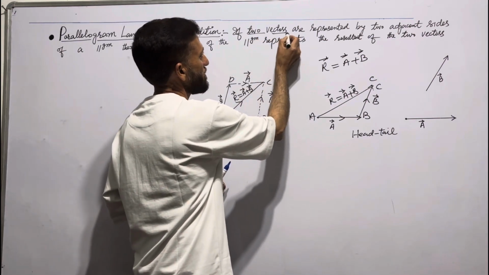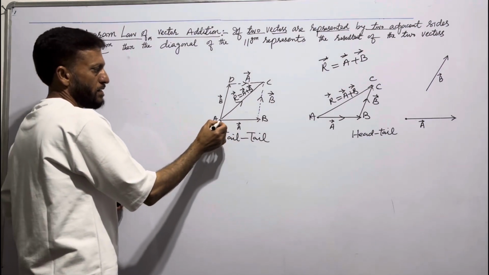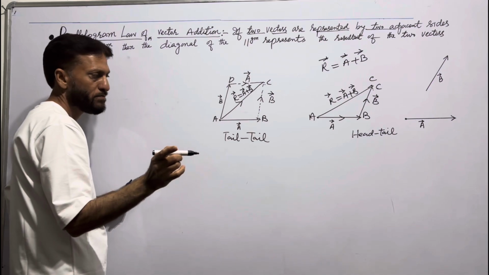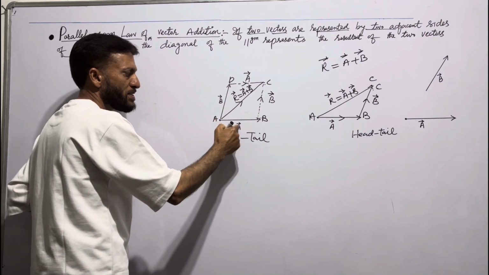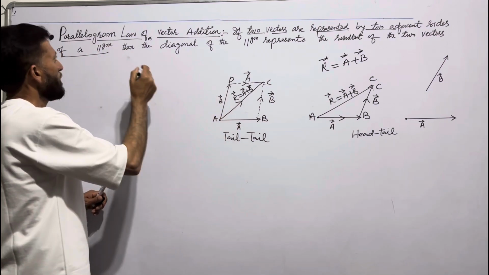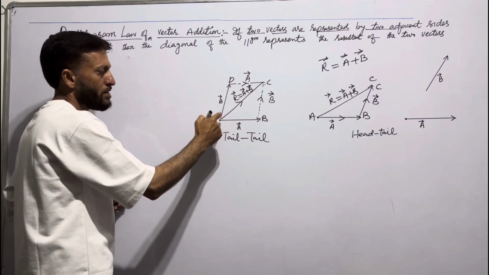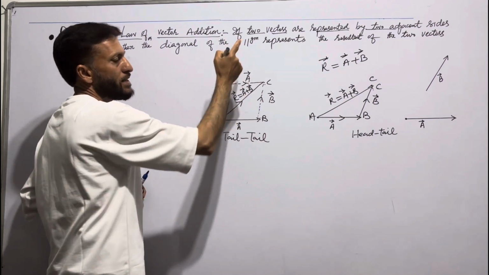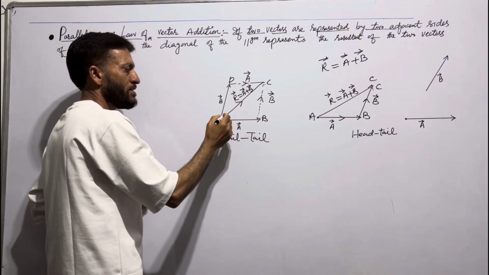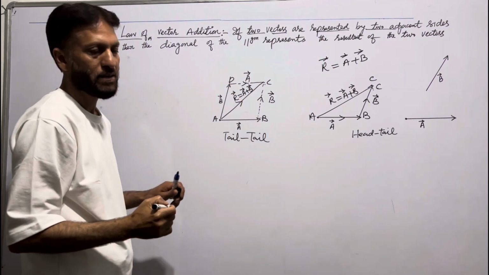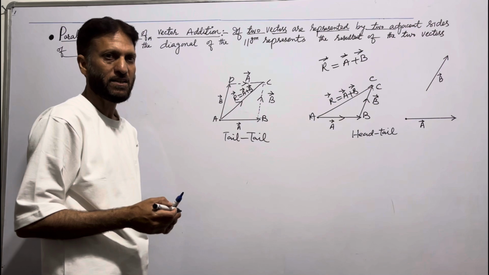If two vectors are represented by two adjacent sides of a parallelogram, ABCD is a parallelogram, AB and AD are adjacent sides which represent vector A and vector B, then the diagonal drawn from A to C represents the resultant of the two vectors A and B. This diagonal will represent the resultant of these two vectors. This is called parallelogram law of addition of vectors.